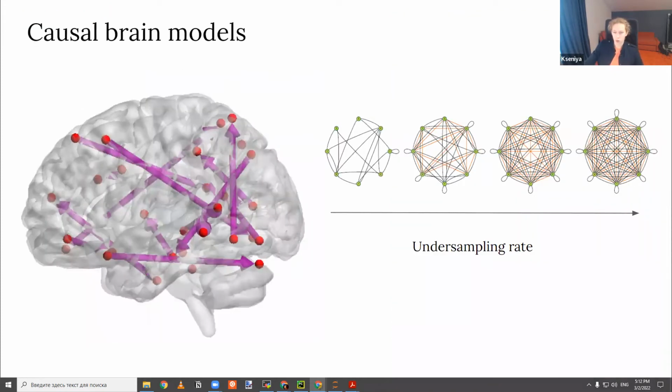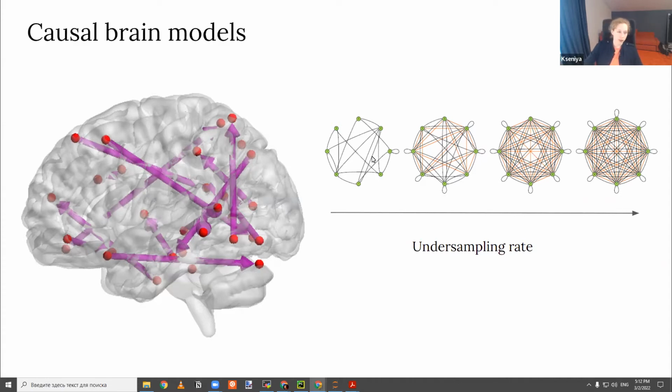And now my main focus of work is related to the study of causal models of the brain and their application to mental disorders. The main idea here is that correlation is not causation.